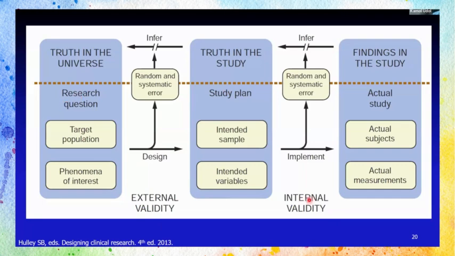So this is the difference between these two types of validity. Internal validity is the issue from the plan to the actual conduct of the study. But external validity is the issue regarding whether our plan represents the underlying population.